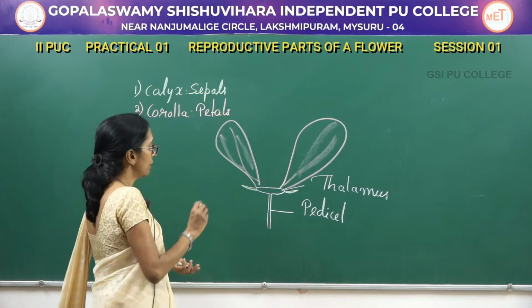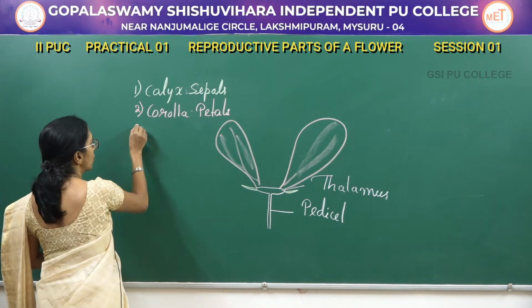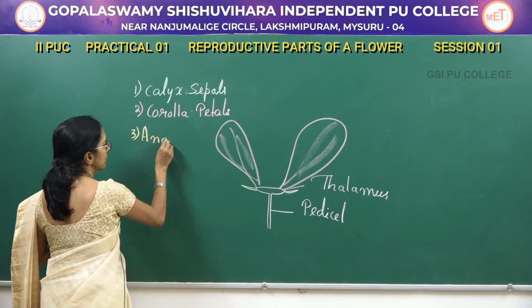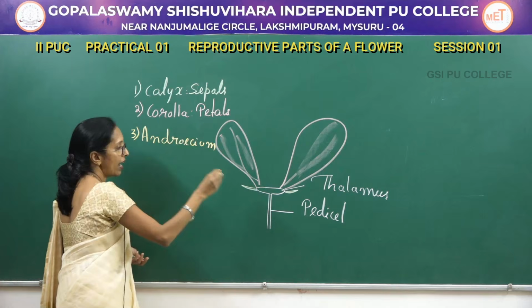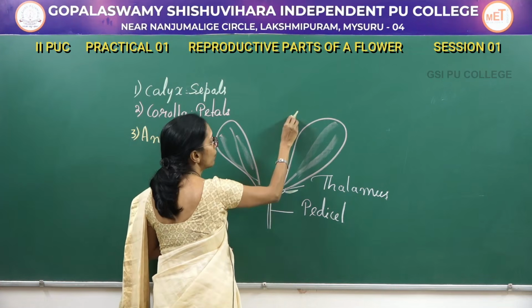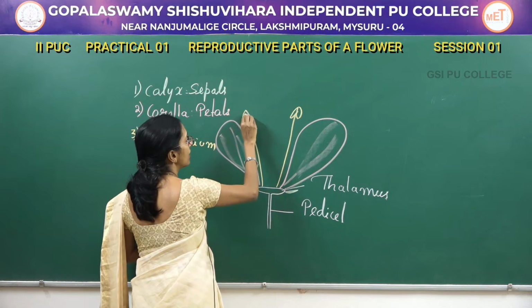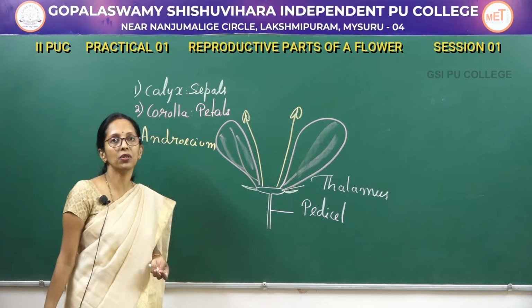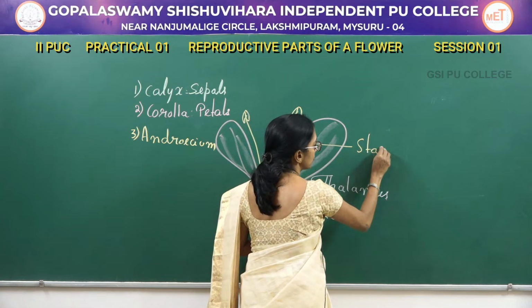Then coming to the important ones, the essential whorls, the third whorl is said to be androecium. Androecium consists of male reproductive units, and these male reproductive units are said to be stamens.